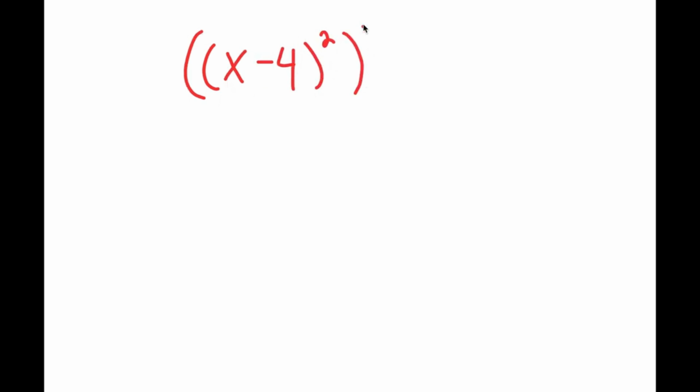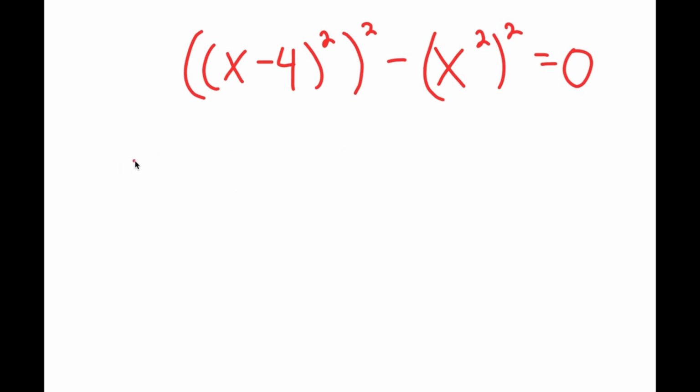Now from here, this is going to turn into x minus 4 to the power of 2 to the power of 2 minus x to the power of 2 to the power of 2 is equal to 0, because I just subtracted x to the power of 2 to the power of 2 on both sides.